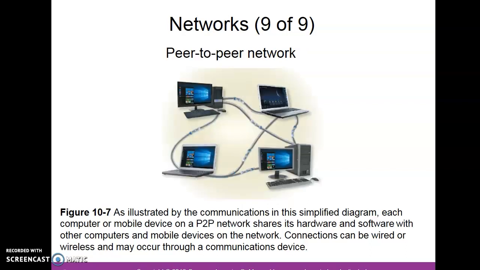Now we have peer-to-peer or P2P network. It is a simple, inexpensive network architecture that typically connects fewer than 10 computers. Each computer, called a peer, has equal responsibilities and capabilities, sharing hardware, data, or information with other computers and mobile devices on the peer-to-peer network, as you can see in figure 10.7. P2P networks are ideal for very small businesses and home users.